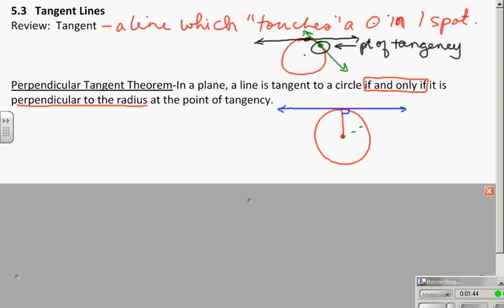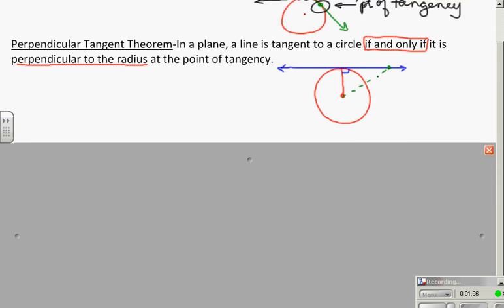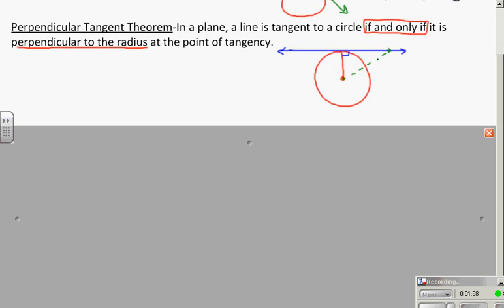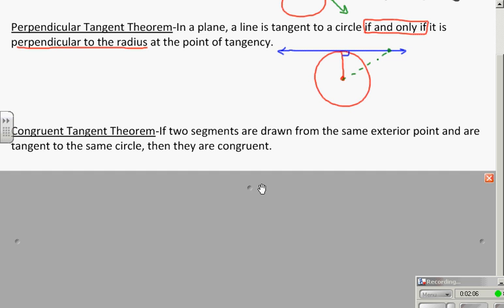Now you can see why that becomes so powerful because I can start to drop potentially right triangles in. And then using the Pythagorean theorem, I can find distances and work through problems. So whenever you have a line of tangency, it is going to be perpendicular to the radius at that point of tangency.